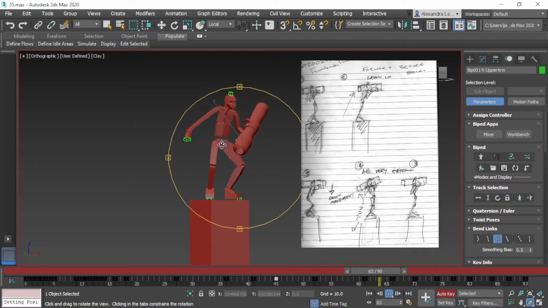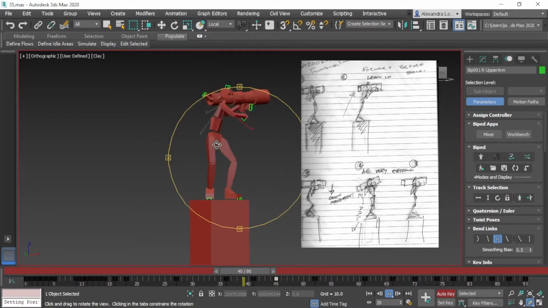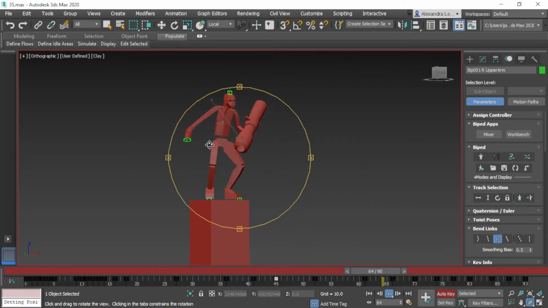You do very quick thumbnails, and then you can work out roughly what you're going to do in your animation. Once you've got your thumbnails done, you can put it into your 3D character. If something's not working, don't be scared to change your thumbnails, because that's the whole point. The thumbnails are meant to be quick, rough sketches of your animation ideas so that you can get it right.